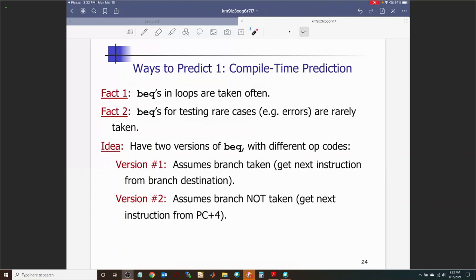Now the idea is to have two versions of branch when equal with different opcodes. Version 1 of the branch when equal assumes that branch is going to be taken, and version 2 is going to assume that branch is not going to be taken always, right? So now you have two versions of the same instruction, one relying on more branches being taken, one relying on more branches not being taken. So separate opcodes.